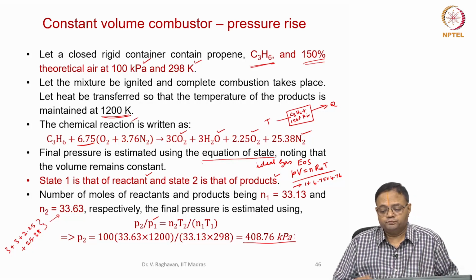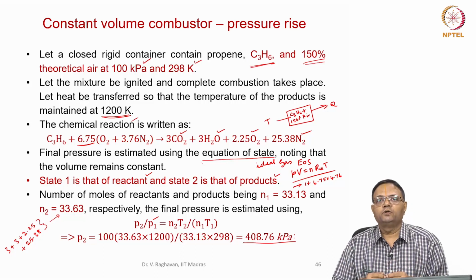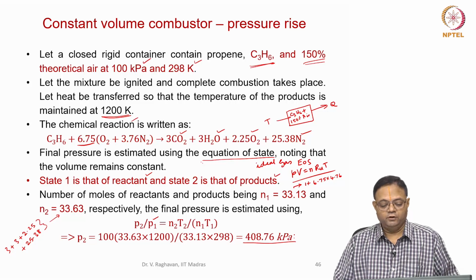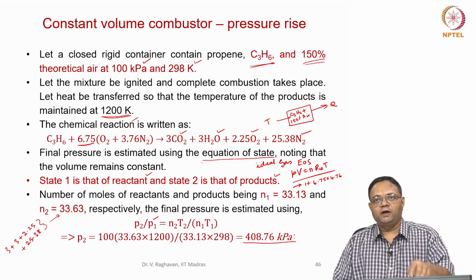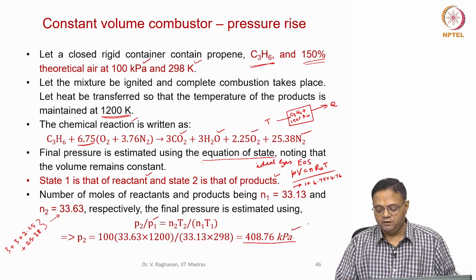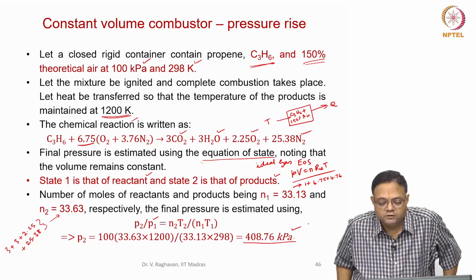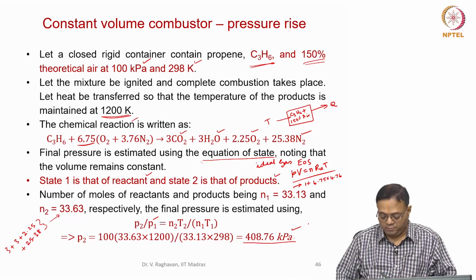This is what happens in explosion vessels, where the combustion is studied. If the temperature is maintained at a higher value, then the pressure will still increase beyond this value. So this is a way to calculate the constant volume combustion pressure rise.